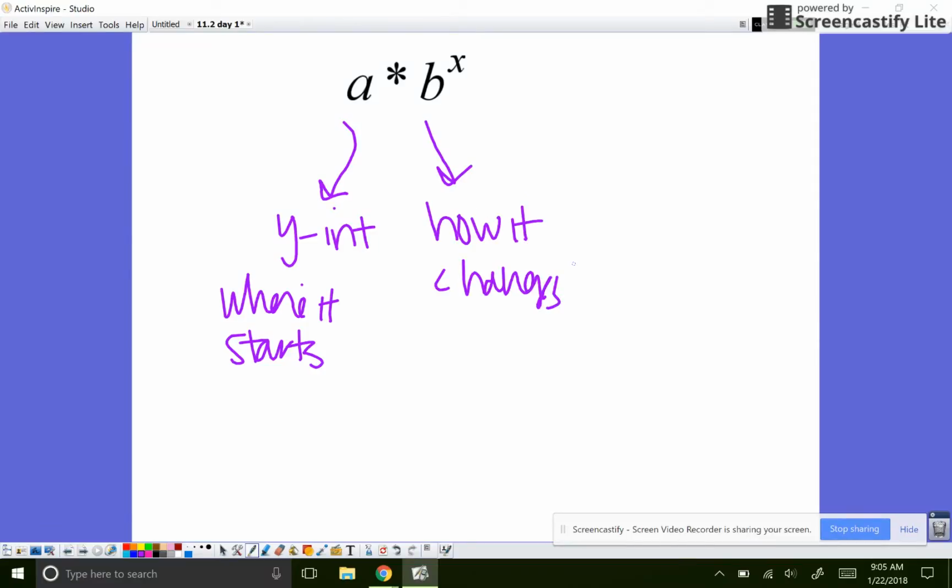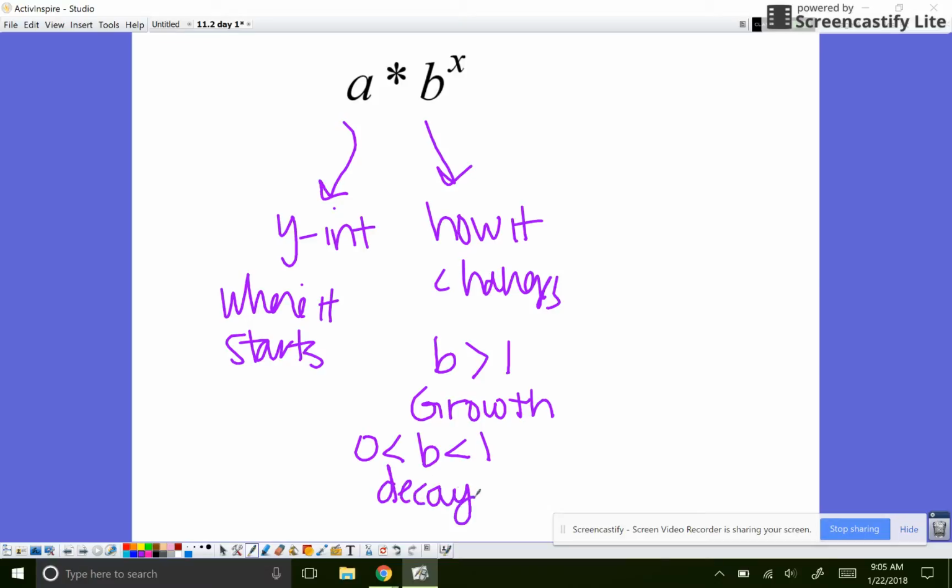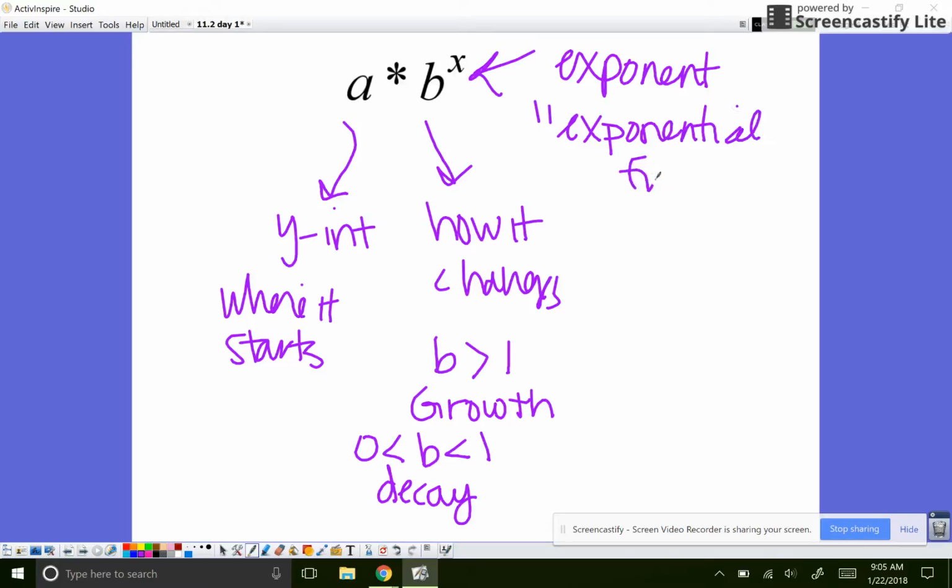And this tells us a lot, actually. If b is greater than 1, this is a growth function. And if b is between 0 and 1, usually a fraction or a decimal, then it's decay. When x is the exponent, that's how I know it's an exponential function.